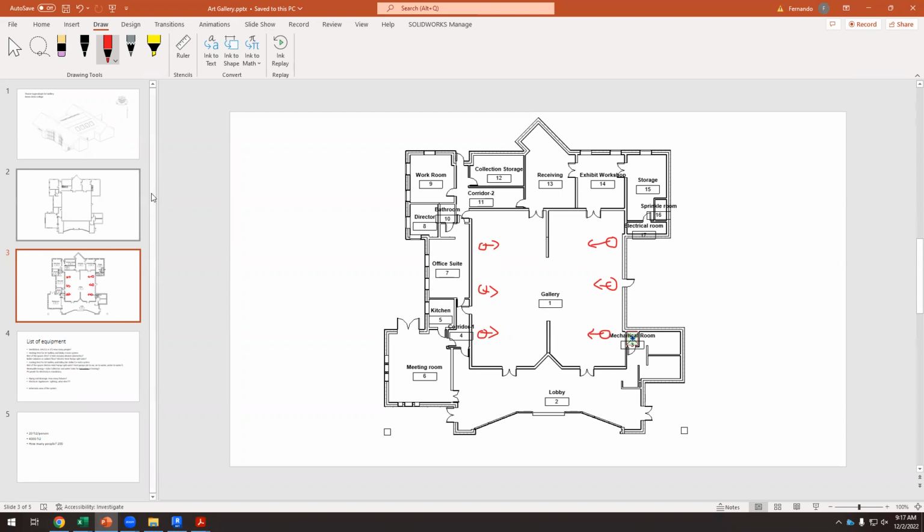And then I would need a return. As a rule of thumb, I will have the same number of return diffusers here. And so that would be the return here.